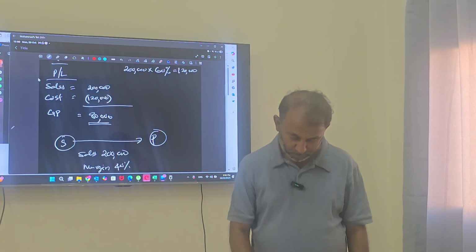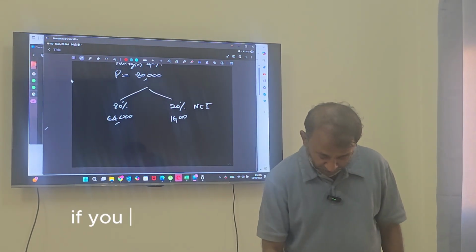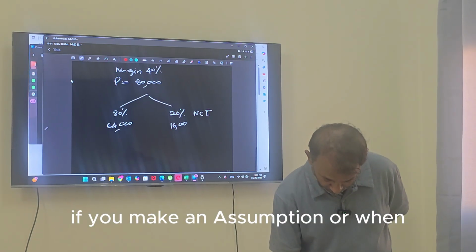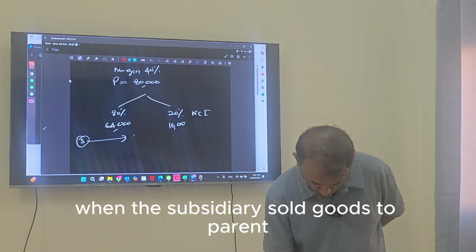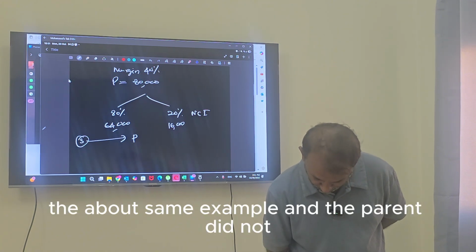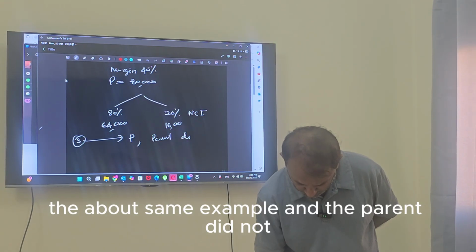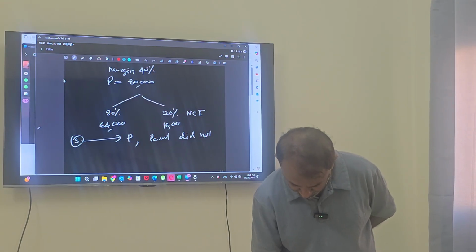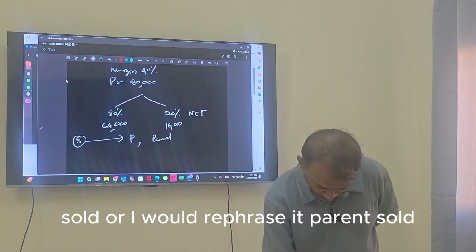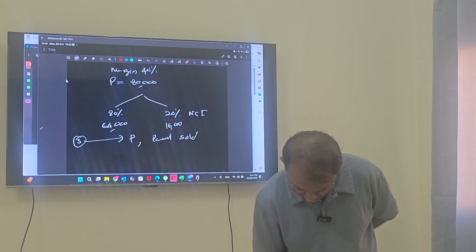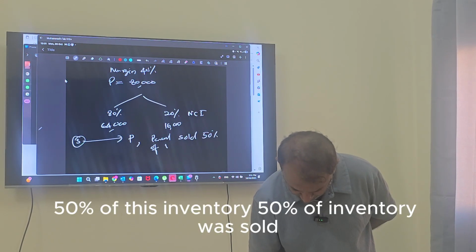Now, in this situation, if you make an assumption that the subsidiary sold goods to the parent, in the same example above, and the parent sold 50% of this inventory, 50% of the inventory was sold.